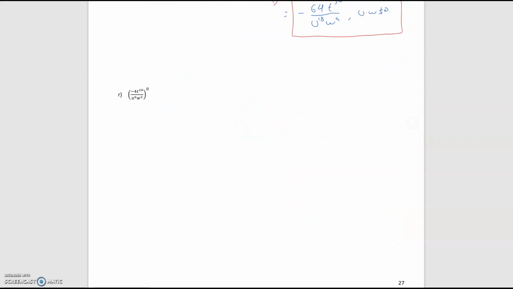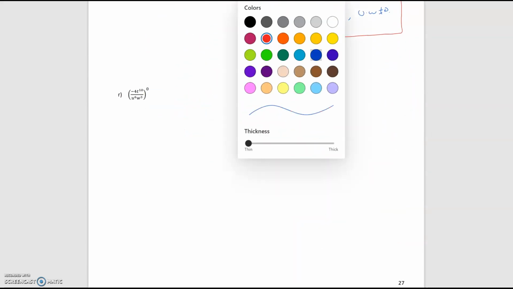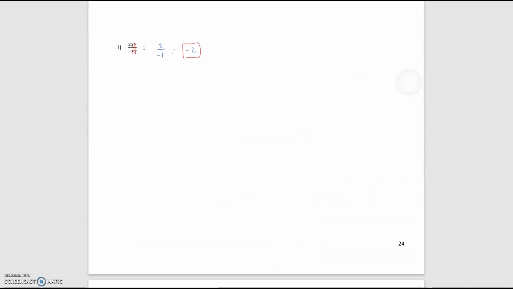Let's move on to R. And good news on this one, it will take a simple step. So this is automatically 1. And let me explain. The formula that we were talking about above, in this case, let me point out the formula.